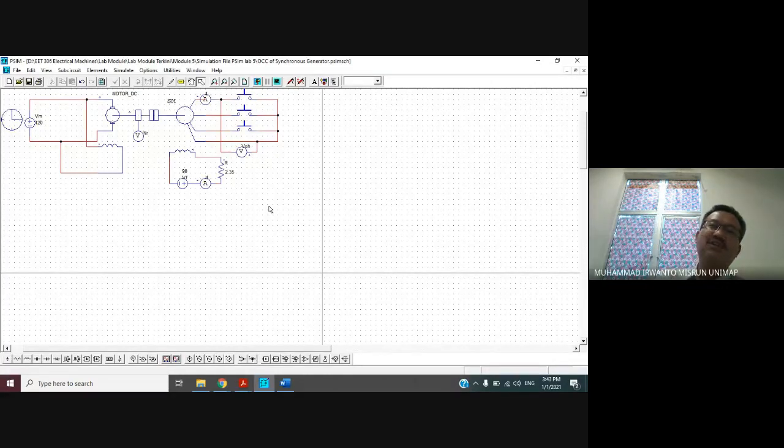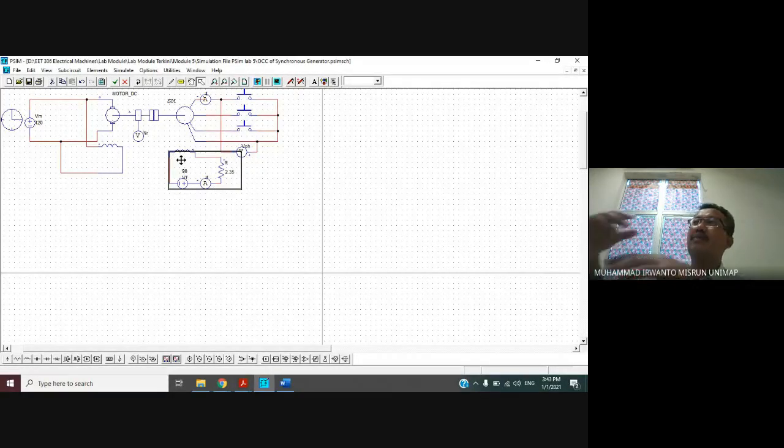Now, in your simulation using PSIM, the rotor winding, as the exciting winding, is given by this one. And then the DC voltage is illustrated by this one, the field voltage.